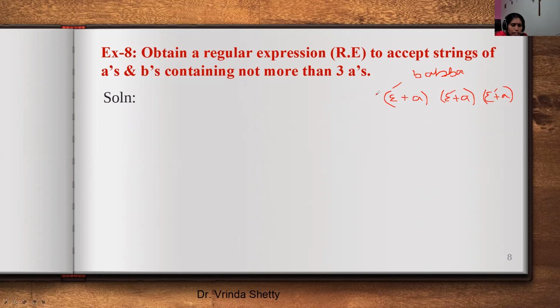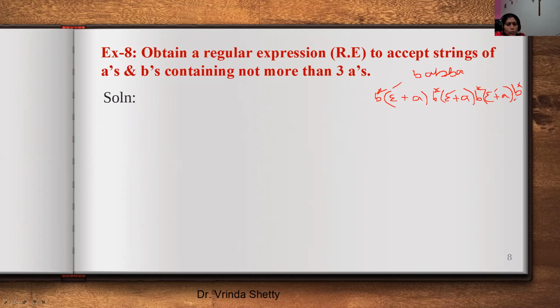To satisfy this, what we'll write in the beginning is b star, then a, again b star, then a here also, because there is no restriction on the number of b's. The b's can occur anywhere, there is only a restriction on the number of a's. Then b star.